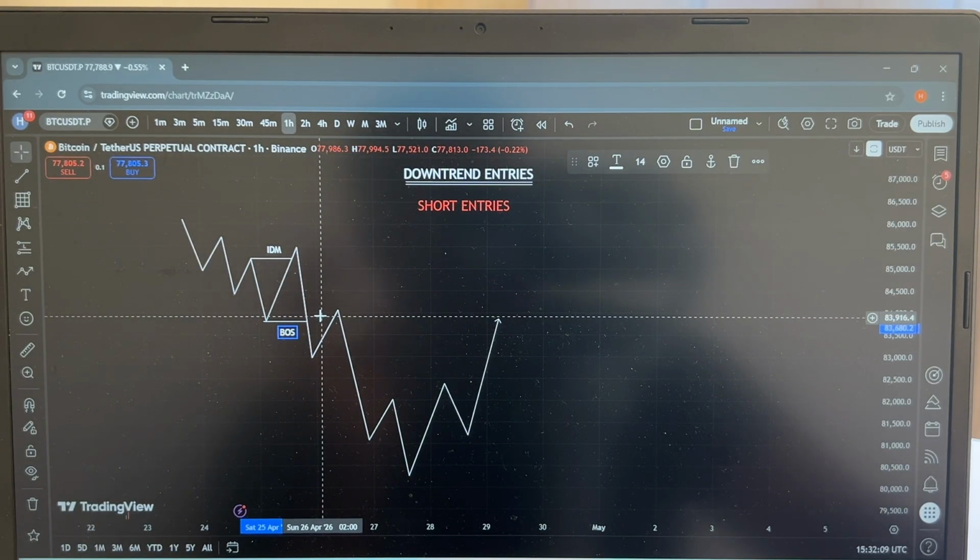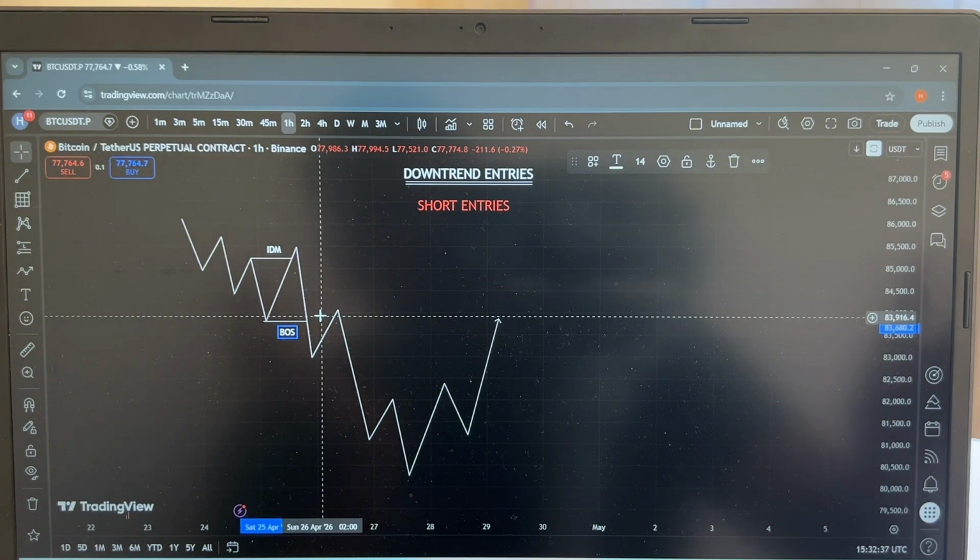I taught you guys earlier there are two different types of change of characters in a market. In a higher time frame market, if you want to clearly see whether the market has shifted, in a downtrend it has to break the last made confirmed BOS, and it has to keep on going up in order to confirm that the market has shifted from downtrend into an uptrend.